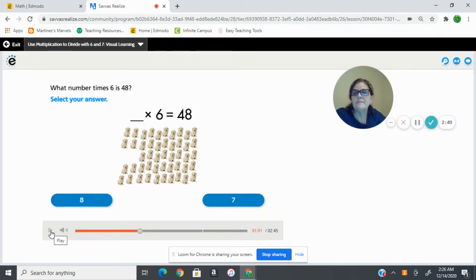So 6 times 5 is 30, then 6 more would be 36, so that now I'd be at 7, okay? 6 times, and then 6 more would be 42, and 6 more would be 48. Did I do that right? 6 times 5 is 30, 6 times 6 is 36, 6 times 7 is 42, 6 times 8 is 48.